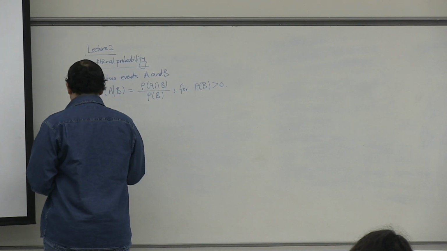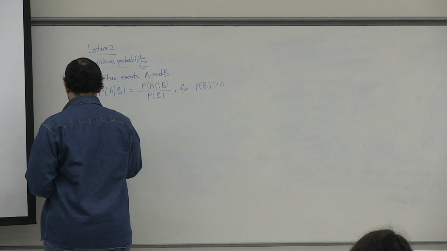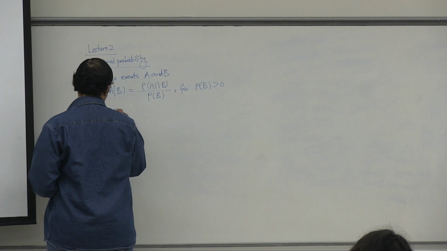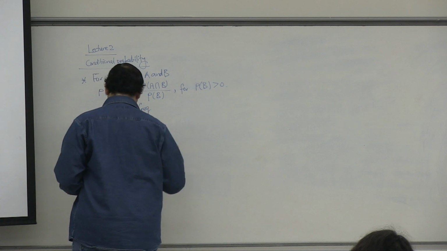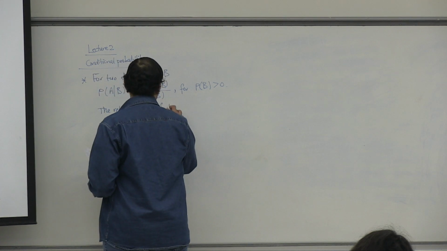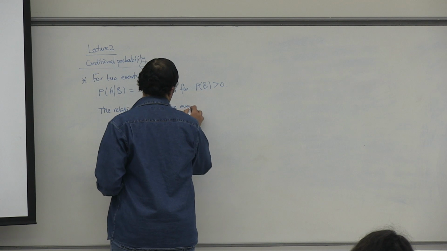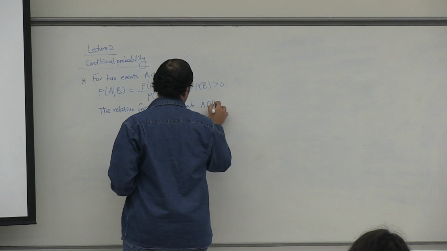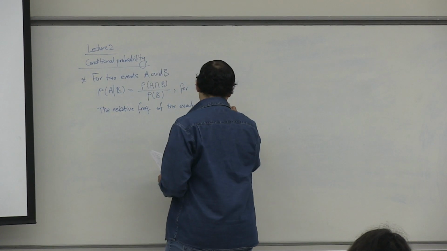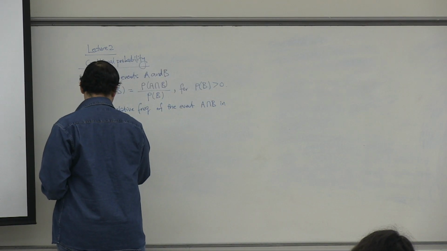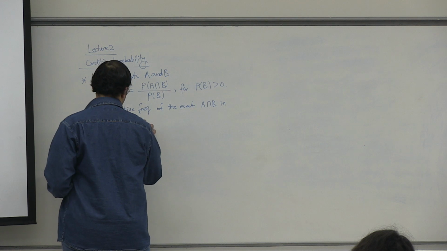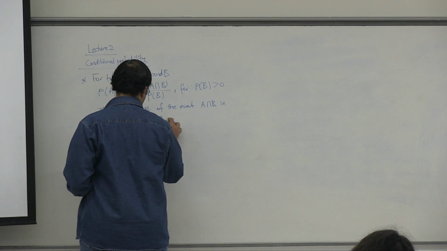And from that perspective, it is the relative frequency of the event A intersect B in experiments where B occurs.